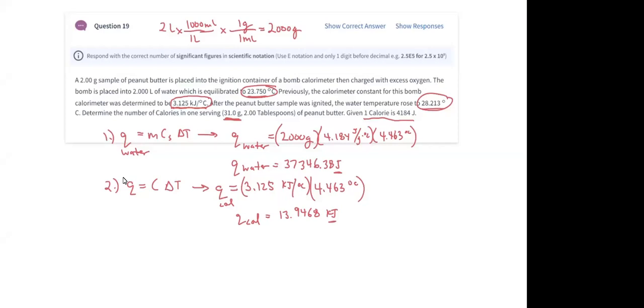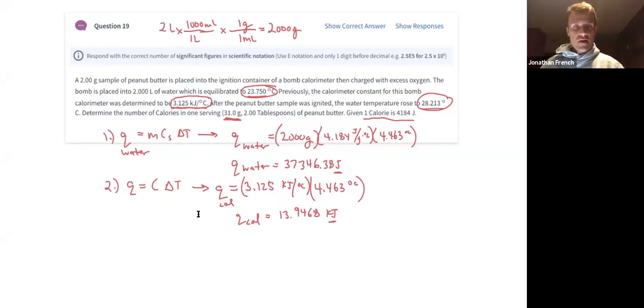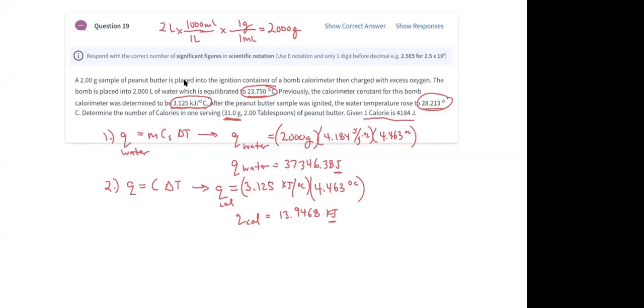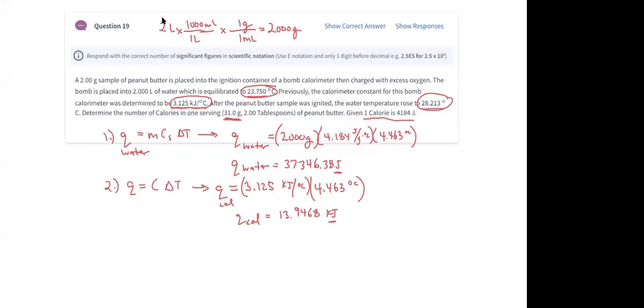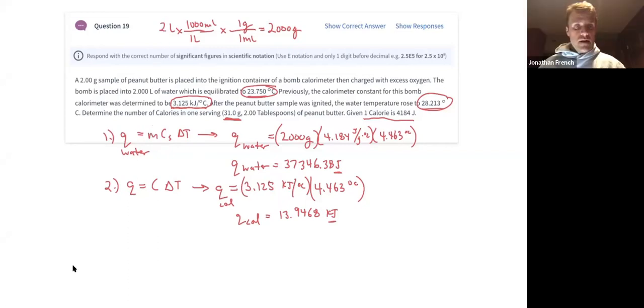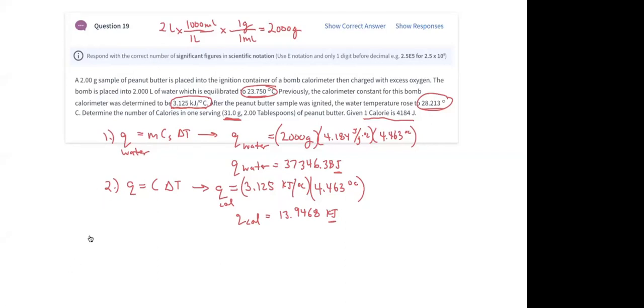Dr. French, if we put the right sig figs, but Top Hat marks it wrong, could we still get points for it? You get participation credit for it. No, I mean for the actual exam. On the exam it'll have the same setting where you will get partial credit for having the correct answer but the wrong significant figures. In the other question, you said it's 1.1 with 3 sig figs, but Top Hat takes it as 2 sig figs.